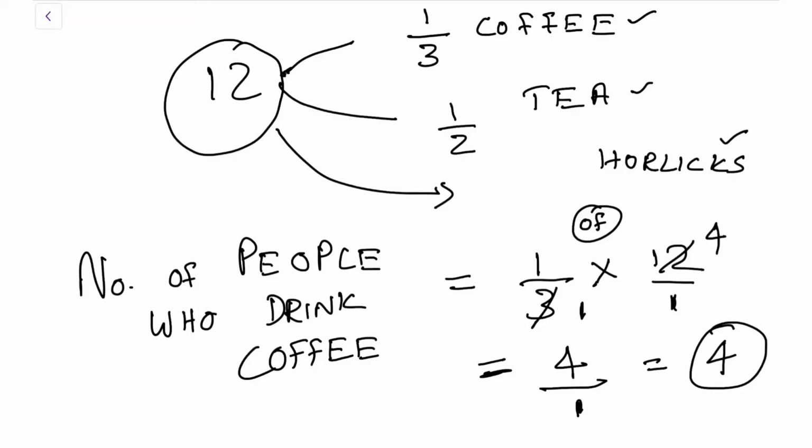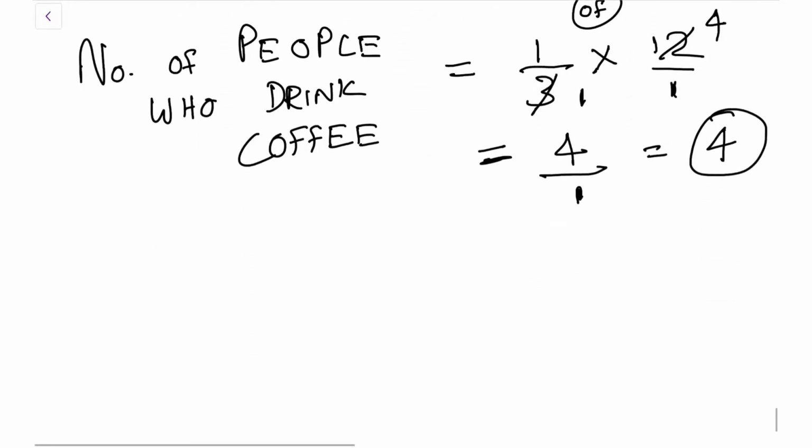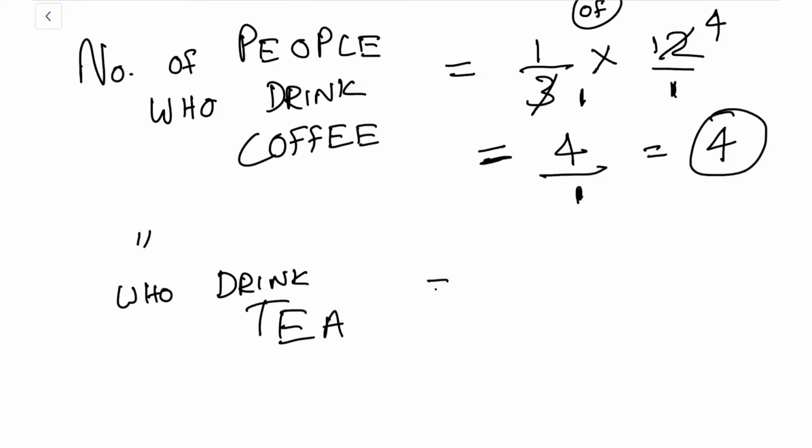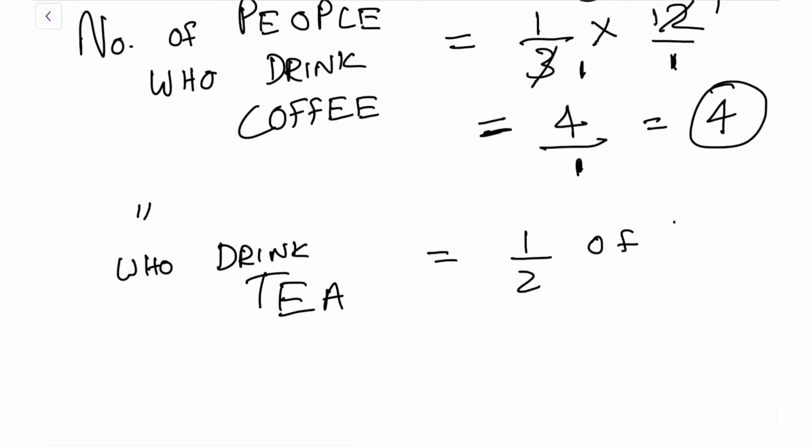Now let's find out how many drink tea. They said half of the total number. That means half of 12.